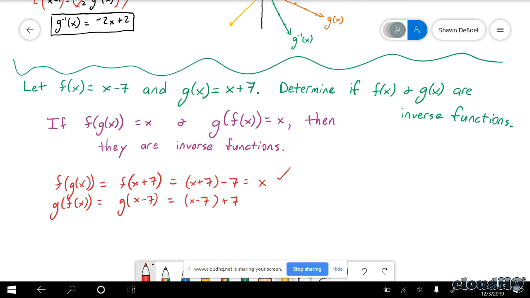So it'll read x minus 7 plus 7. That's also x. Check. It worked. So I would then be able to say, yes, they're inverses.